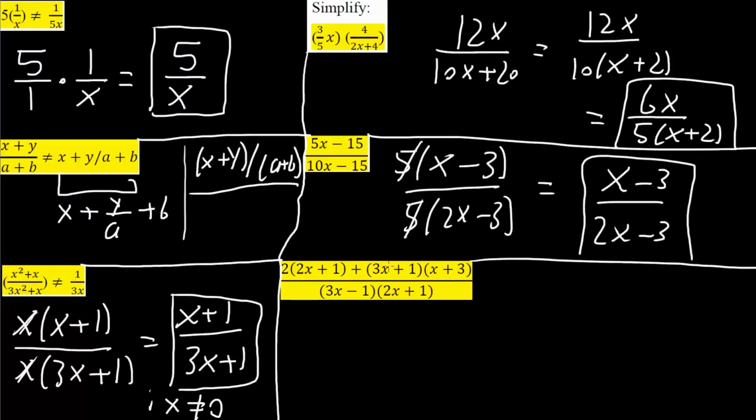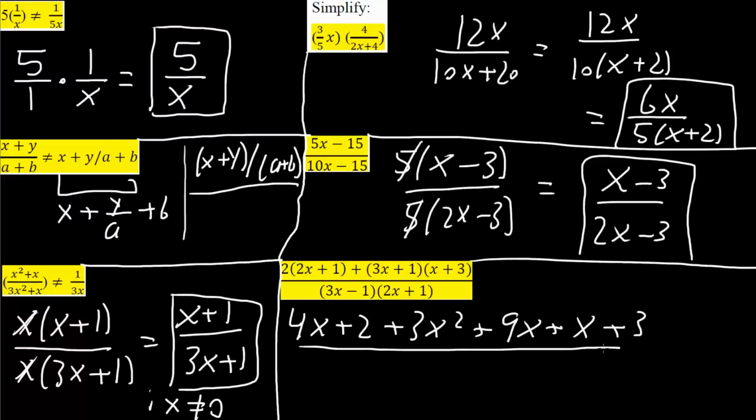And the last one, it's a little bit longer, but the first thing we're going to do is distribute the 2. So we would get 4x plus 2 plus, now we do 3x times x, so 3x squared plus 3x times 3 is 9x, plus 1 times x is x, plus 1 times 3 is 3, divided by, well, we can leave this as is, so it will be 3x minus 1, parentheses 2x plus 1.